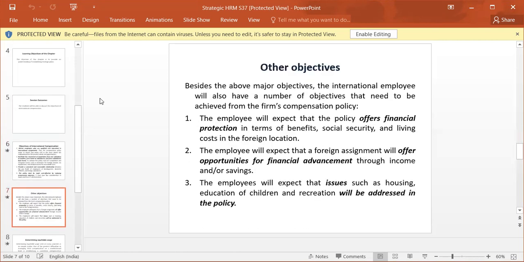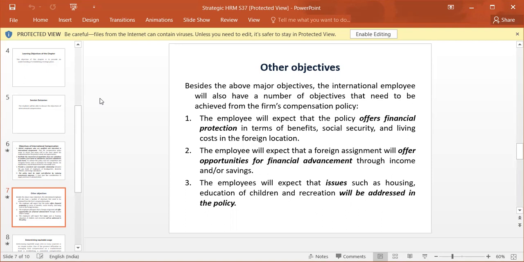Other objectives. Besides the above major objectives, the international employee will also have a number of objectives that need to be achieved from the firm's compensation policies. The employee will expect the policy offers financial protection in terms of benefits, social security, and living cost in the foreign location.